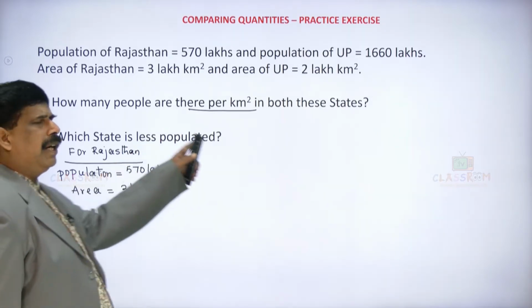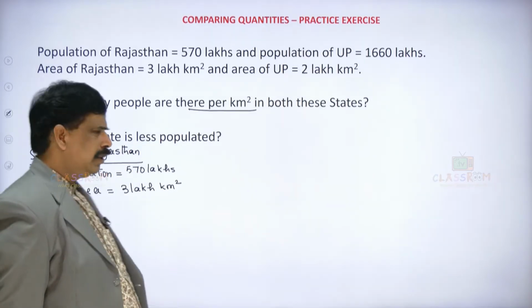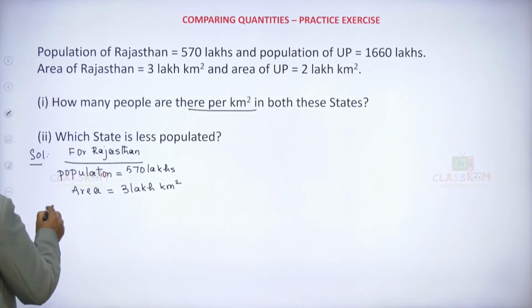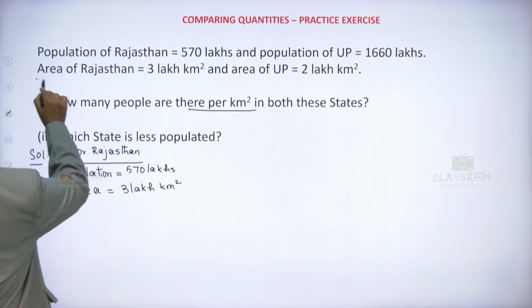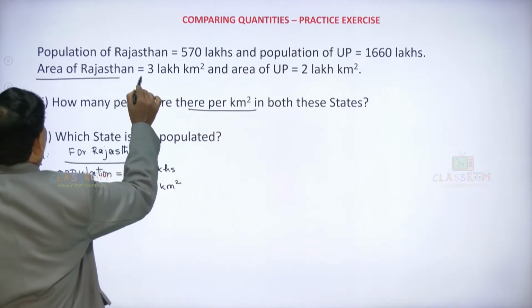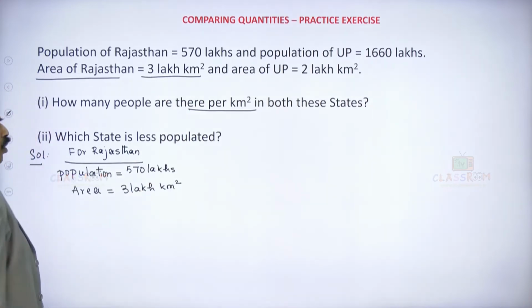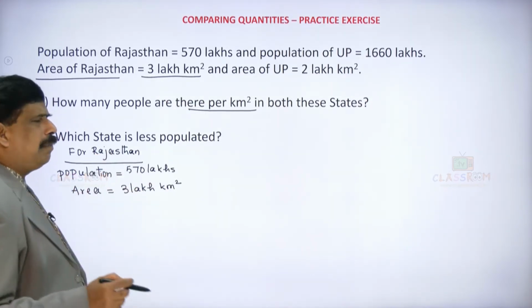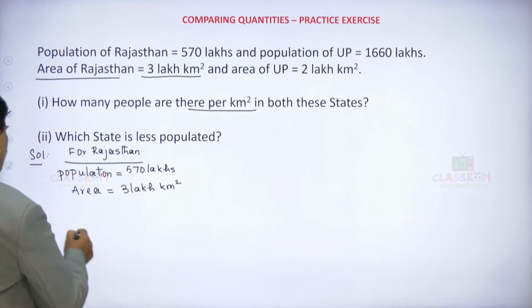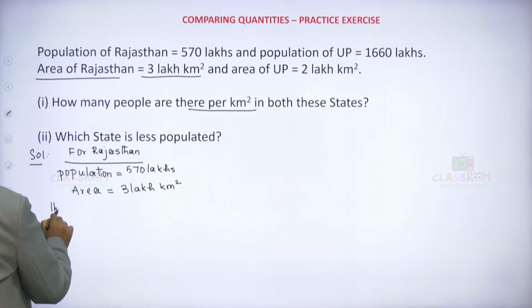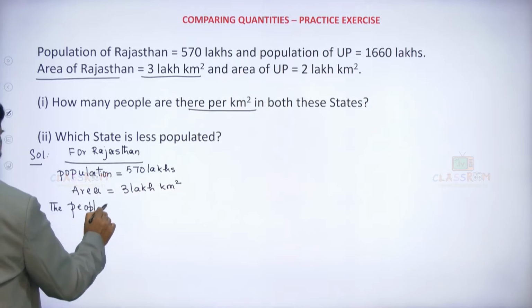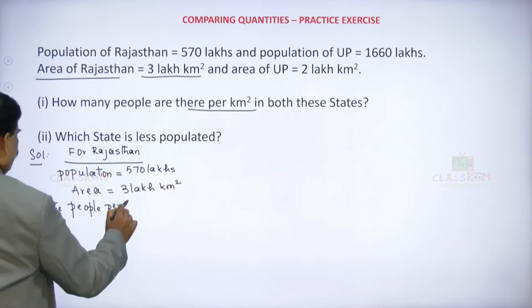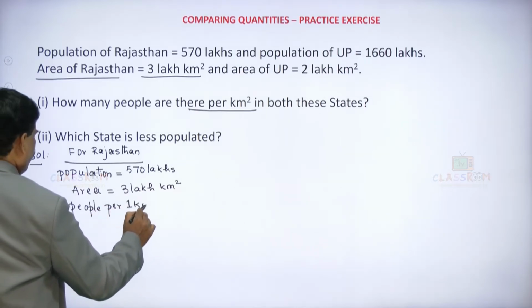So they wanted per kilometer square. The total area of Rajasthan is 3 lakh kilometer square. How many people are there per kilometer square? So the people per 1 kilometer square.